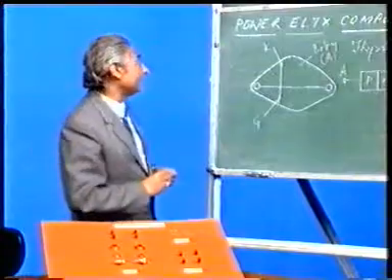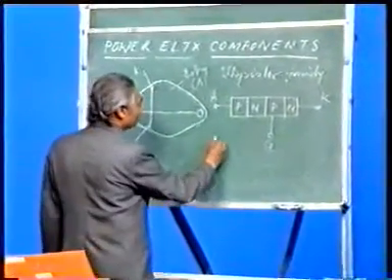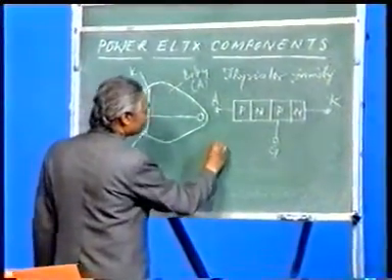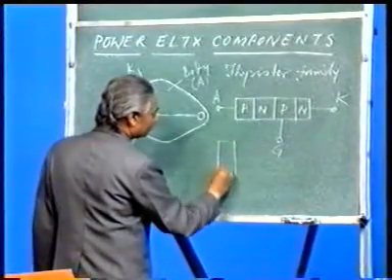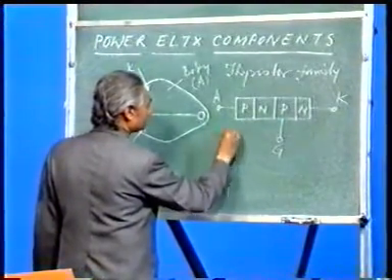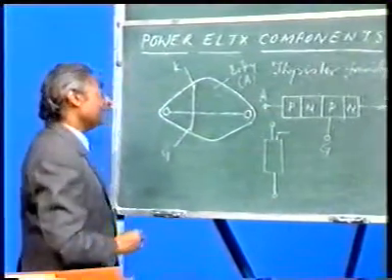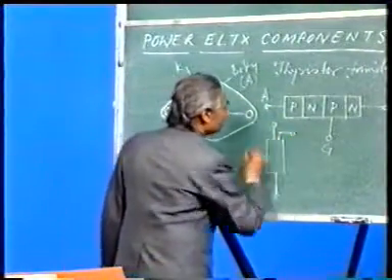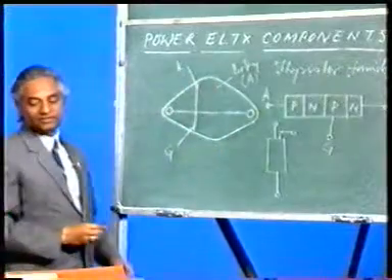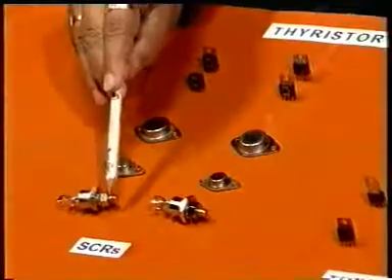Now, you have another type of metal SCR, these two. You remember, in the case of diodes, you had metal power diodes. It is also like that, but you have 3 terminals here, and there is another terminal. In this case, you will find that the body is always anode. If I look here, this is the body, this is always anode.